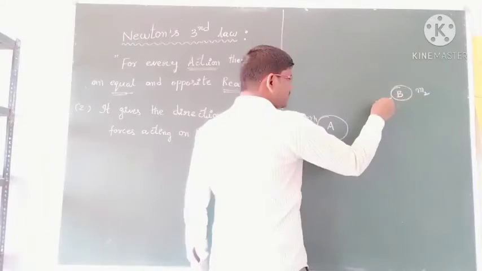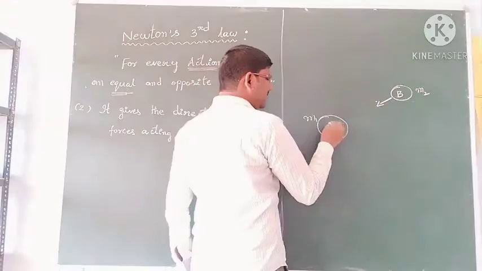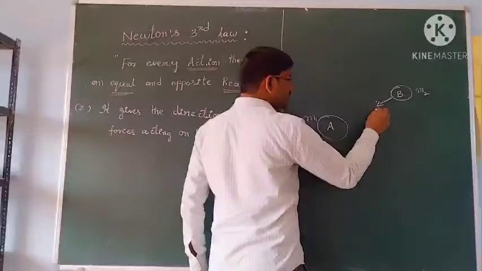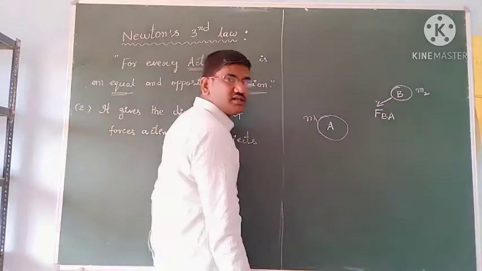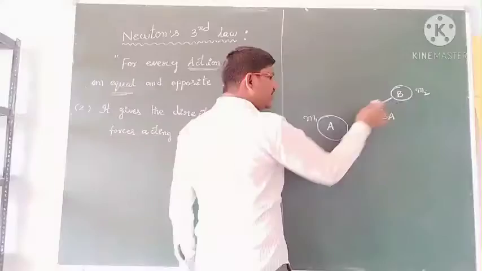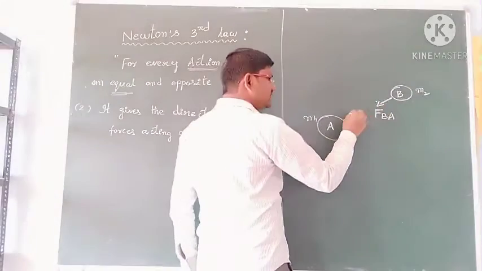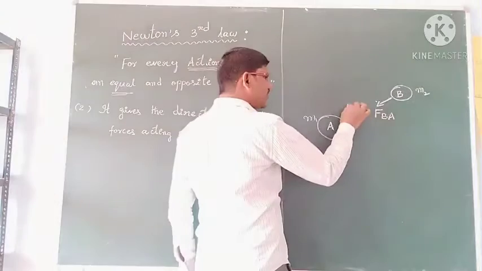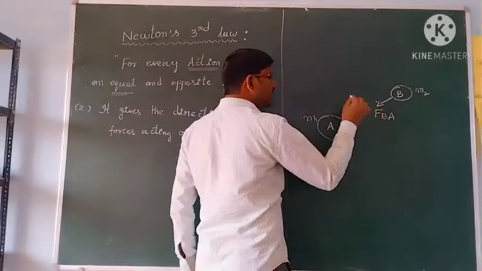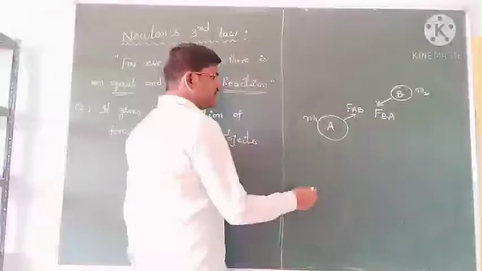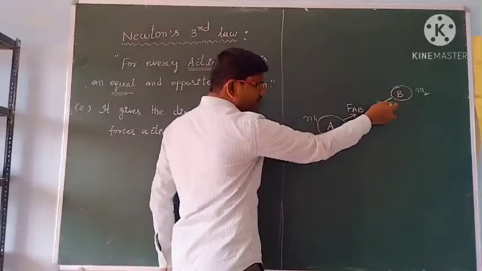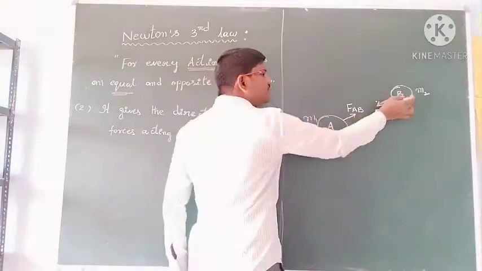Now A attracts B with some force, that is force on B by A. If you consider this is the action, then B also attracts A with the same amount of force, that is force on A by B. Okay, these forces are equal in magnitude. See, FBA force direction is this side and FAB force direction is this side.